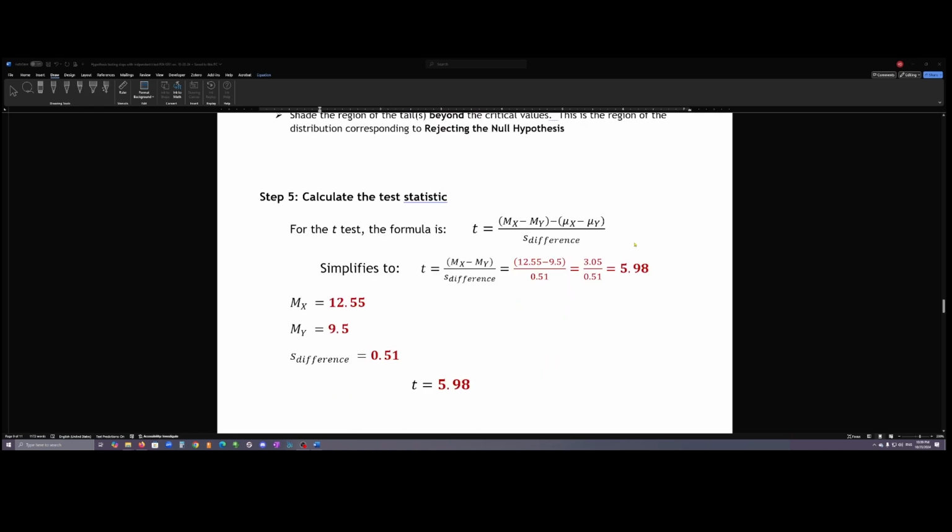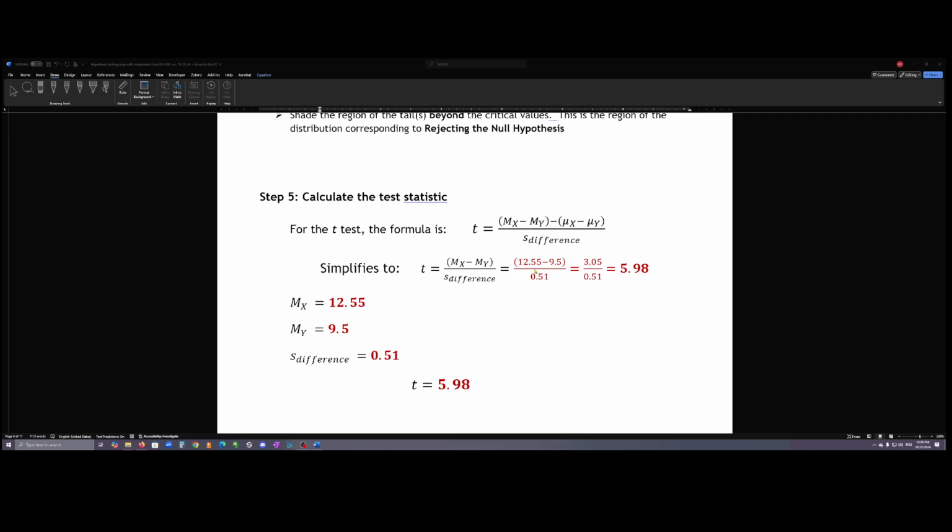Alright, moment of truth. We calculate that t-test statistic here. And if you recall, one of the things about this formula is if our comparison distribution for mu sub X minus mu sub Y is 0, so no difference between the population means, that 0 basically drops out of the equation, leaving us with the mean for the first group minus the mean from the second group divided by that standard error estimate.